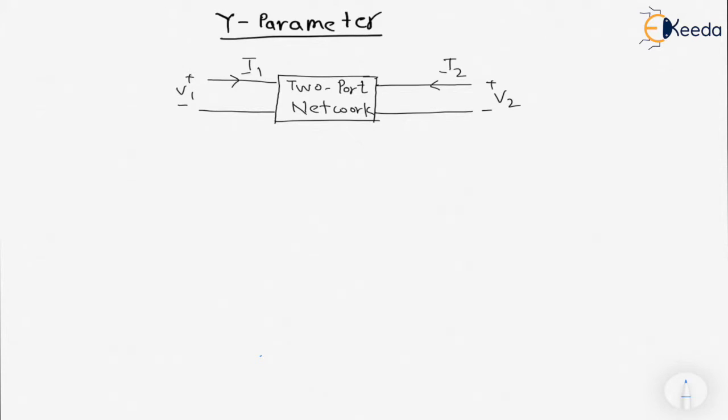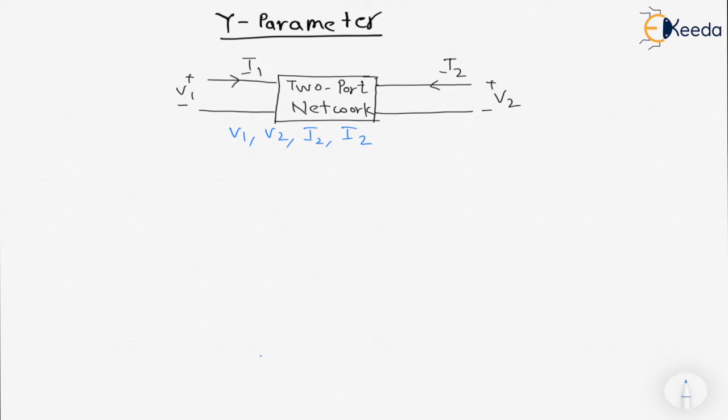In the previous lecture, we have studied that there are four variables V1, V2, I1 and I2, in which 2 will be dependent variables and 2 will be independent variables.